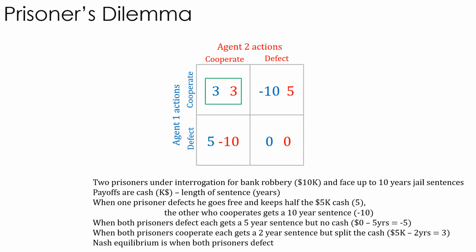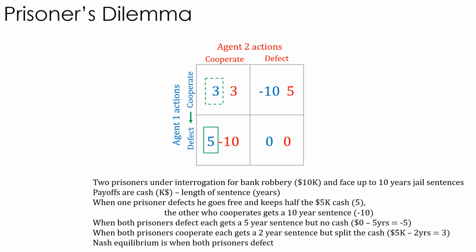Why is both cooperating not a Nash equilibrium? After all, each agent would get a payoff of 3 when both cooperate, right? And that's higher than the payoffs of 0 at Nash equilibrium. Here's why. Suppose agent 1 unilaterally switches from cooperate to defect.